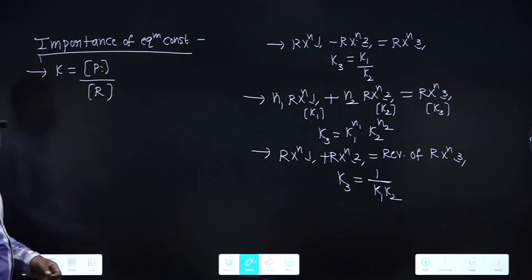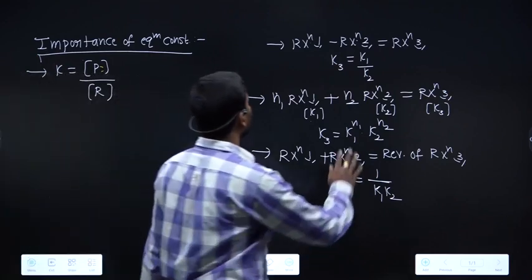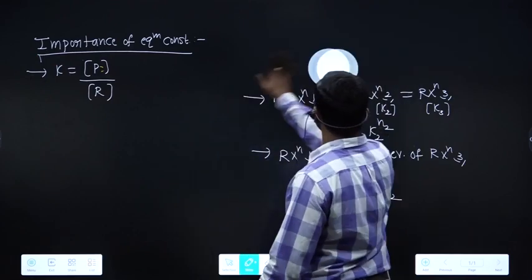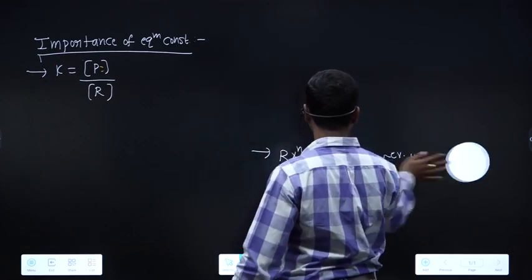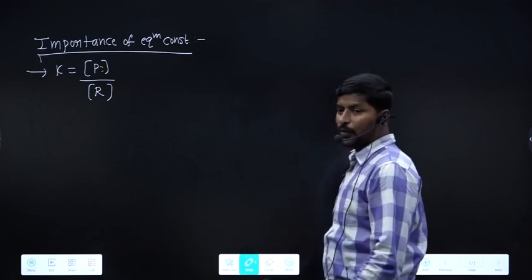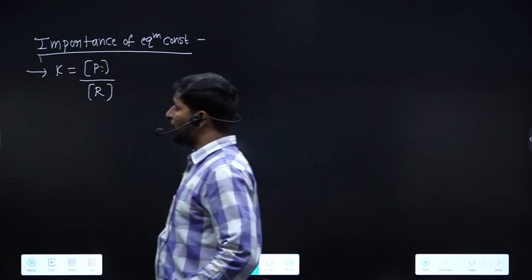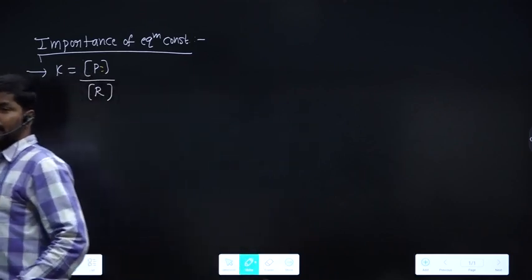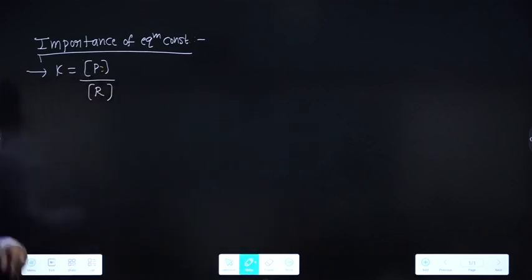Write that point. If K value is high, products dominate over reactants.